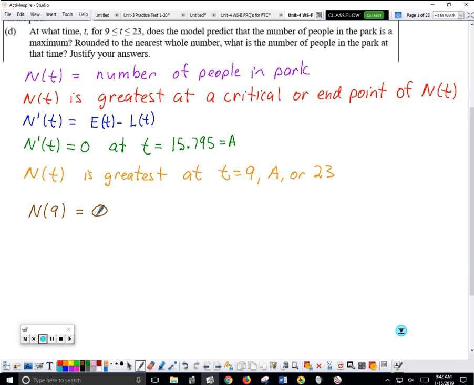The number in the park at time A is going to be, we start out with 0 in the park, and then we can integrate the rate at which the number in the park is changing from time 9 to time 15.